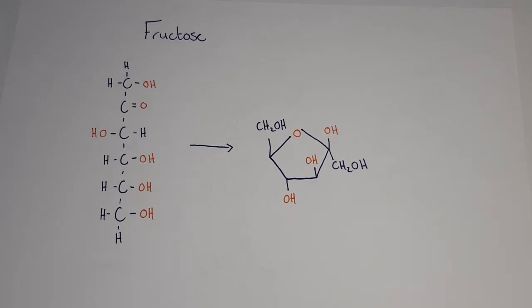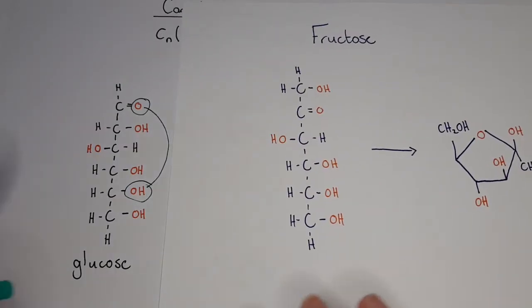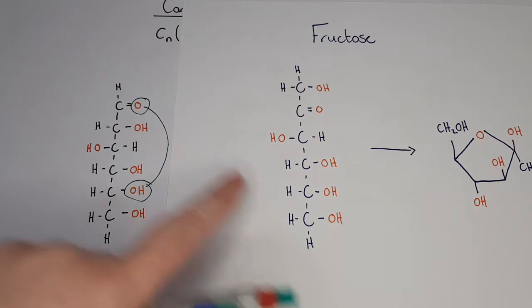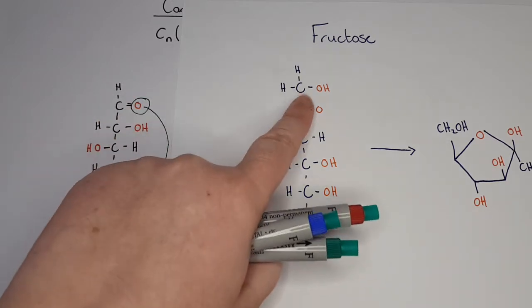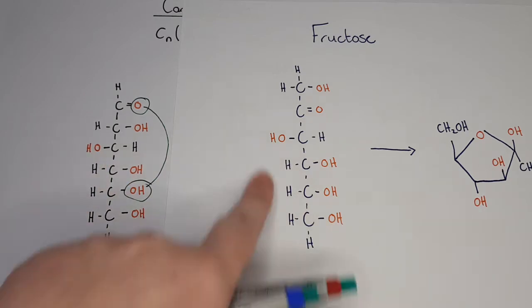So now the difference with fructose is that it's still got 6 carbons, 6 oxygens, and 12 hydrogens, but as we can see the difference between there and there, that double bonded O is on a different numbered carbon. It's on the second one. But then the rest of the molecule is all the same.